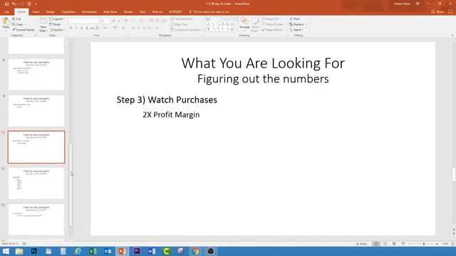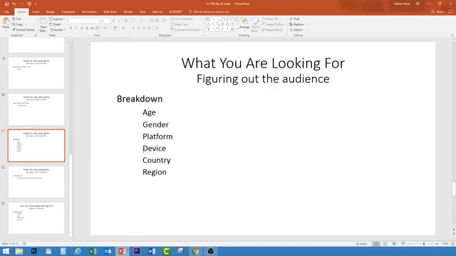And then we talked about the different breakdowns you're going to want to look over. You're going to want to look at these 6 different breakdown options, and maybe some more based on whatever business you have. You'll see them when you get in there yourself.